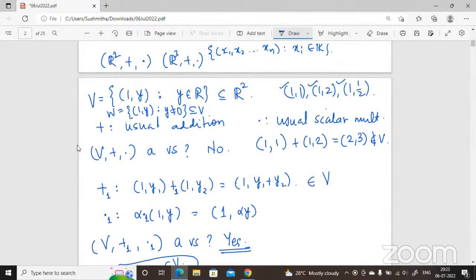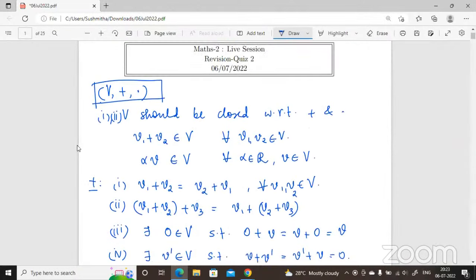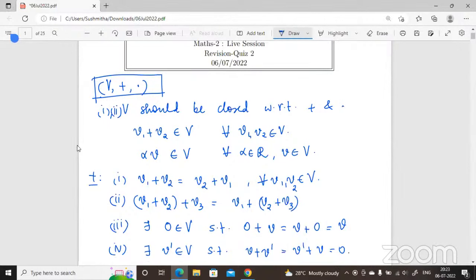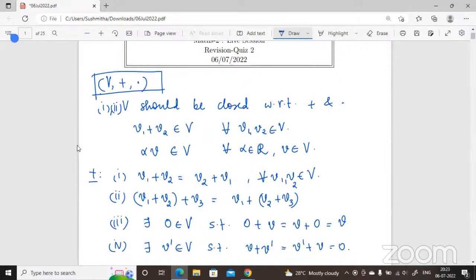Can you define what a vector space is without knowing what the addition and scalar multiplication are? No. This is the addition that comes with V, and this is the scalar multiplication that comes with V. This is a space with addition defined as plus and multiplication defined as dot. That's what we put together as (V, plus, dot). Okay. Thank you, ma'am.